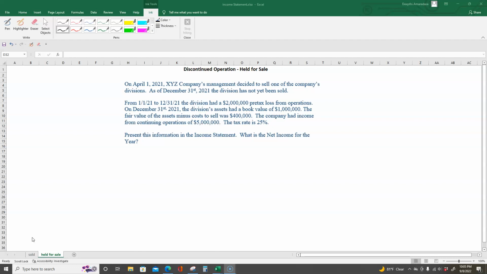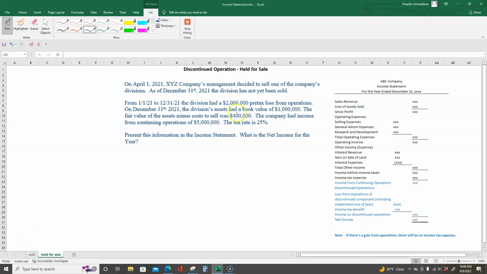On December 31st, 2021, the division's assets had a book value of $1 million. The fair value of the assets minus cost to sell was $400,000. The company had income from continuing operations of $5 million, and the income tax rate is 25%. They want you to present this information in the income statement and state the net income for the year.